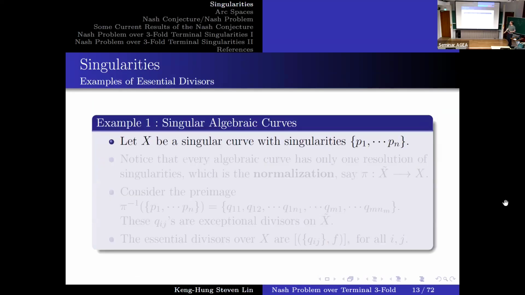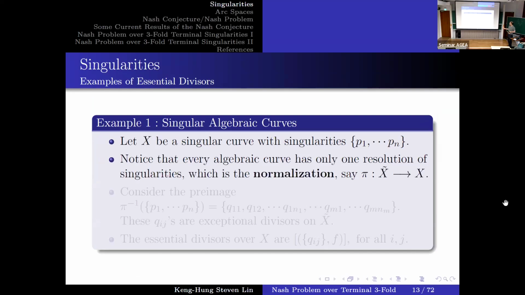Okay. So let's take a look at some examples of essential divisors. The very first example is a singular curve. We know that a singular curve has a unique canonical resolution of singularity. It is nothing but the normalization of our singular curve.